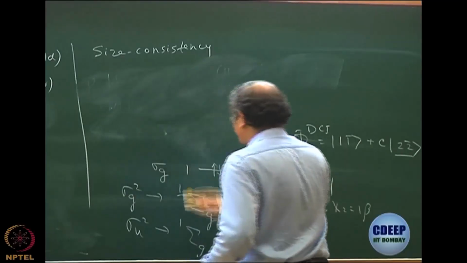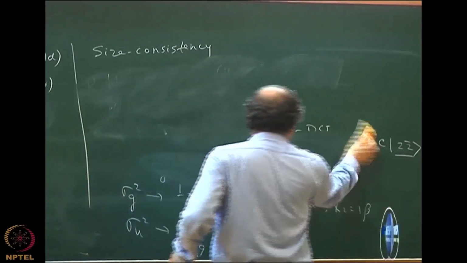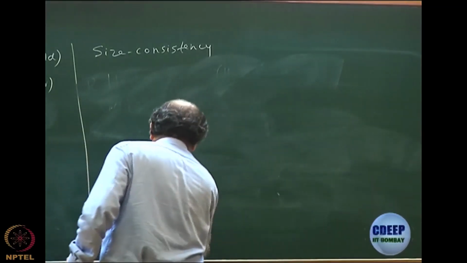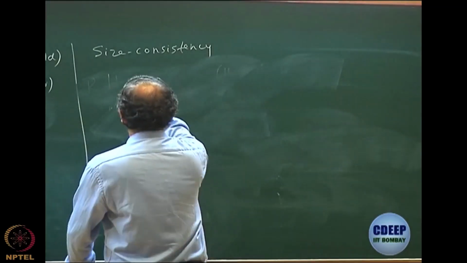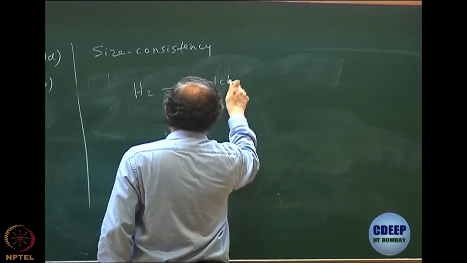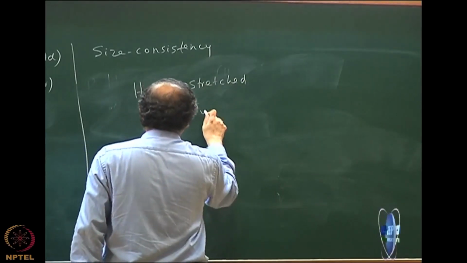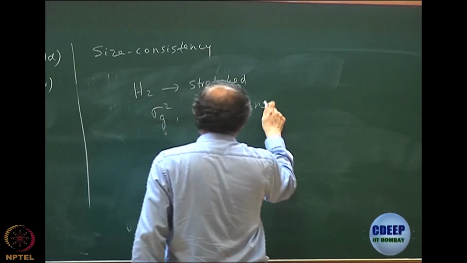So one of the problems is precisely what I have discussed just now, that I have a situation where a hydrogen molecule, I mean hydrogen is just an example, is stretched. If I stretch it, the configuration sigma g square and sigma u square will be nearly the same in energy.